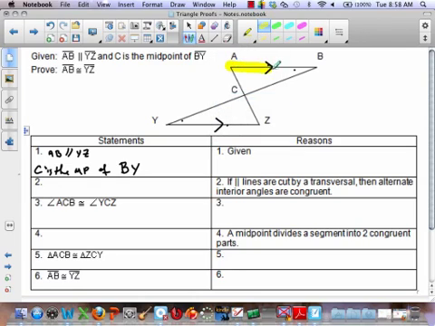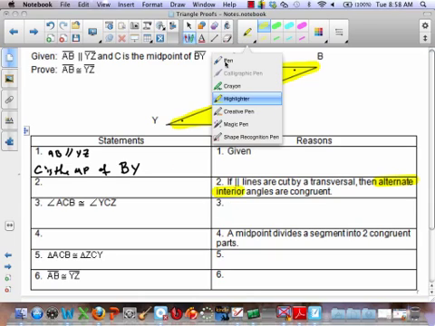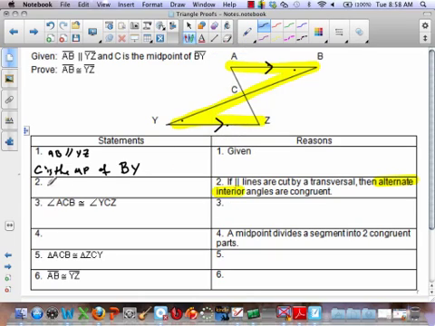We have the Z. Anytime you have the Z, the corners of the Z are congruent because they are alternate interior angles. So therefore, angle ABY is congruent to angle ZYB. So we know these two are congruent.